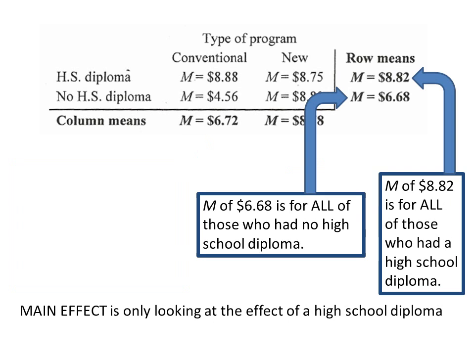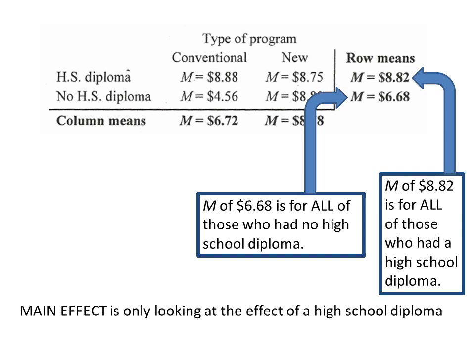So now let's look at the row means. So here are the row means. This is where we're talking about the diploma. Do you have a high school diploma or you don't have a high school diploma? So let's look at the means for these. We look at the mean of $8.82.